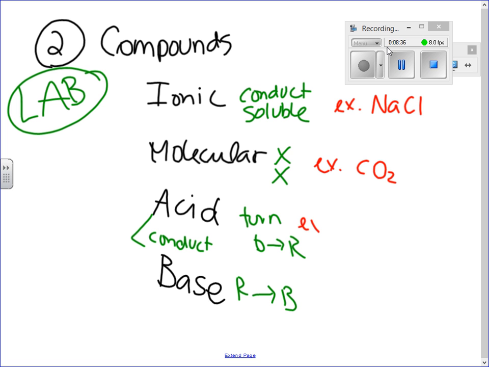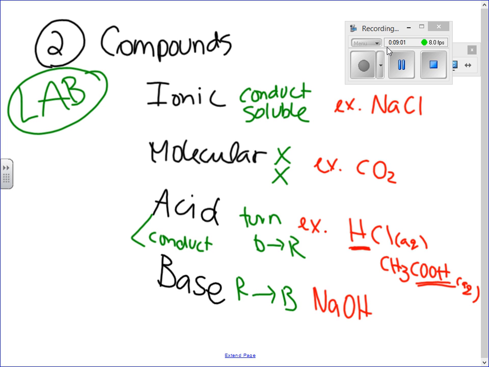An acid either starts with an H or ends with COOH in its formula, and acids have to be aqueous. A base looks like an ionic compound, but a base very specifically has hydroxide in it. The only exception to that I mentioned was ammonia.